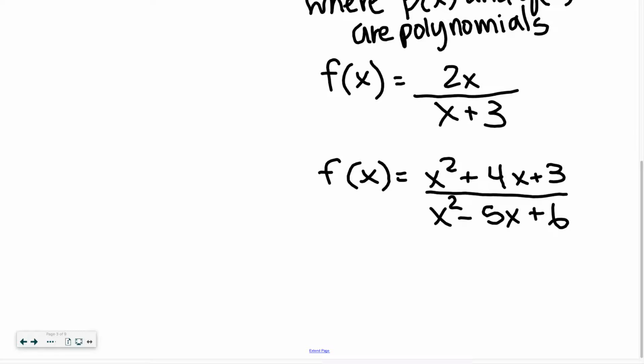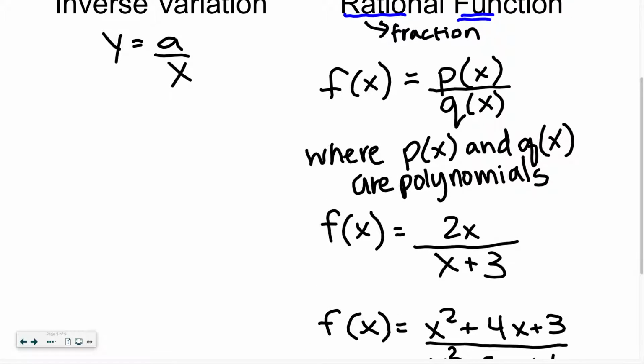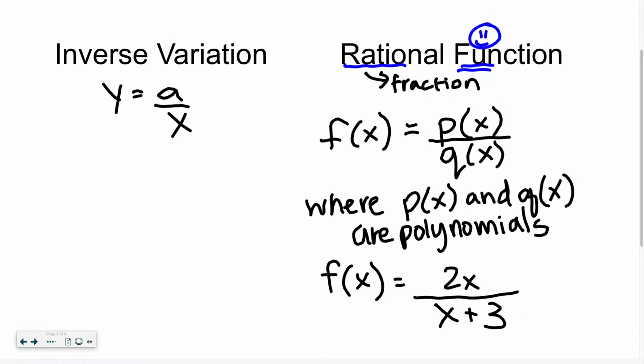Okay, so that's basically what a rational function is. And then I want to go back and do that tie-in of why we ever talked about inverse functions. How are these 2 things similar? Well, f of x is a nice way to write y. F of x is a fancy way to write y, and what do you see on the other side? A fraction, right?